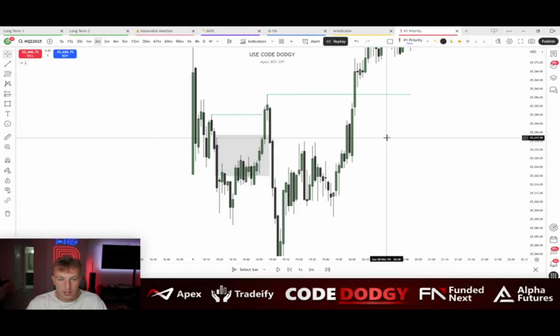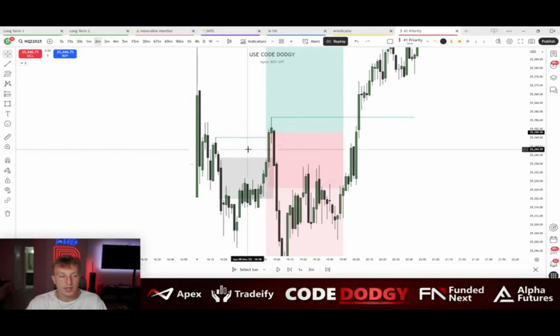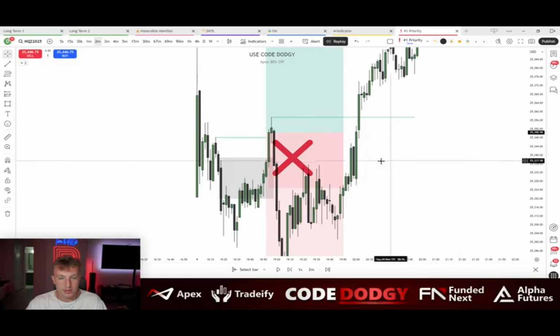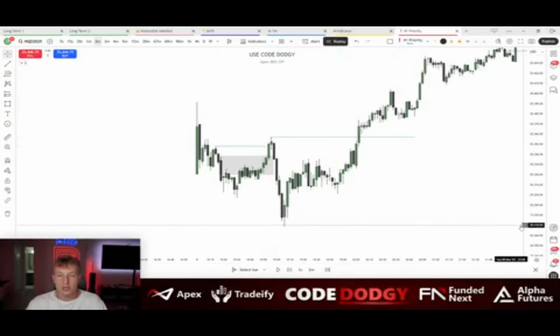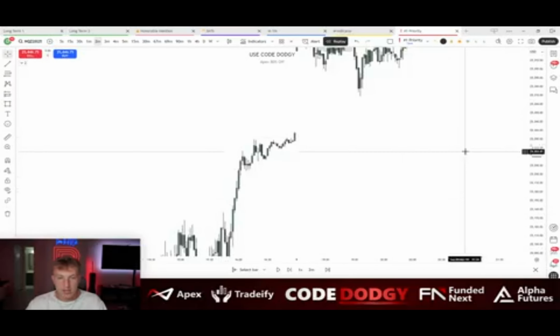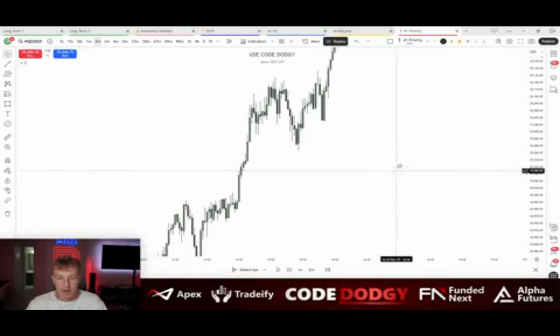And you can see, does it close above and hit this high at the same time? Yes, it does. So this would be an invalid trade, because we hit the high at the same time as the close. So that is the logistics of that.